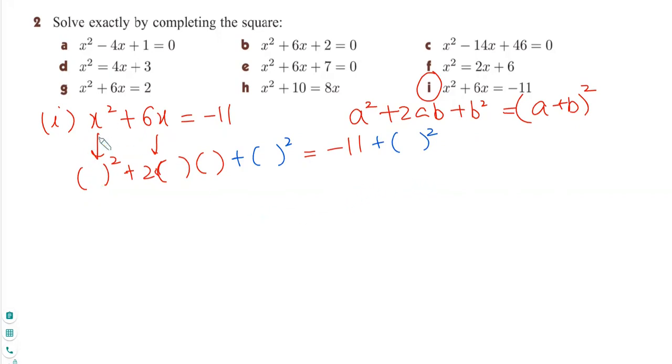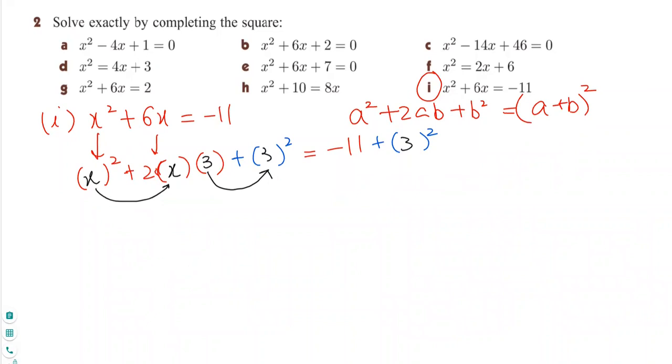Now, filling these brackets, so this will be x, obviously, and this will be x as well. What should be written inside this bracket so that this whole thing becomes 6x? Obviously 3. So this 3 is actually b. 3, and this will be 3 as well. So we have three terms, a square plus 2ab plus b square, which is equal to a plus b whole square.